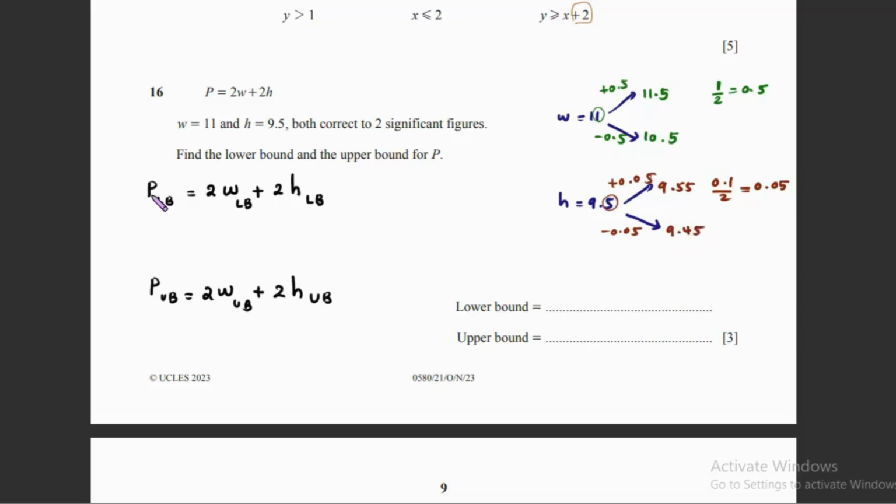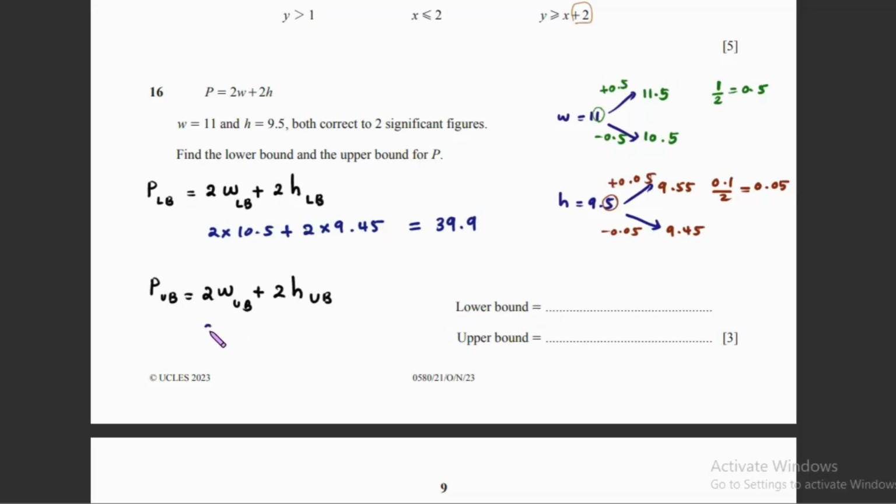If we are to calculate the lower bound for P, it's going to be 2 times the lower bound for W, which is 10.5. We need to add that with 2 times the lower bound for H, which is 9.45. I need to find the answer for this. That will be the lower bound for P. So when I put this in the calculator, I will get the answer as 39.9, which means our lower bound is 39.9.